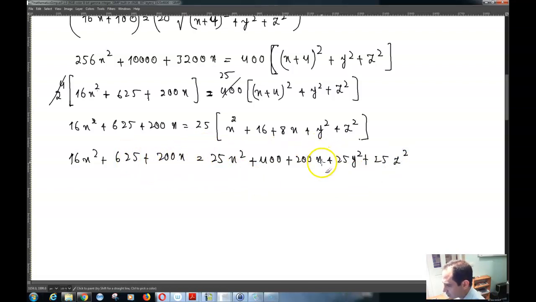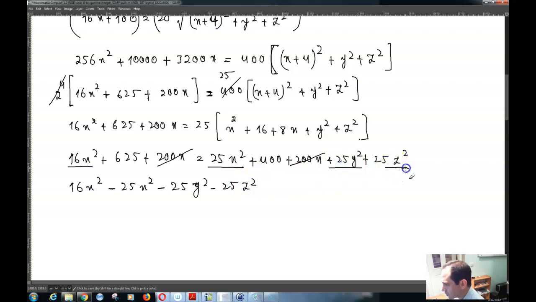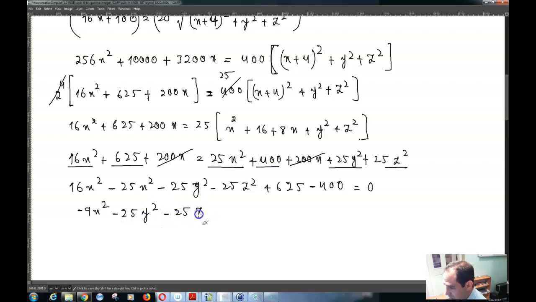and 200x and 200x you can cancel out, and then over here you will get 16x squared minus 25x squared, so these two are taken care of, negative 25y squared, negative 25z squared, and then over here you have 625 minus 400 is equal to 0. 16x squared minus 25x squared is equal to negative 9x squared, negative 25y squared, negative 25z squared, and 625 minus 400 is equal to 225. 225 is equal to 0.